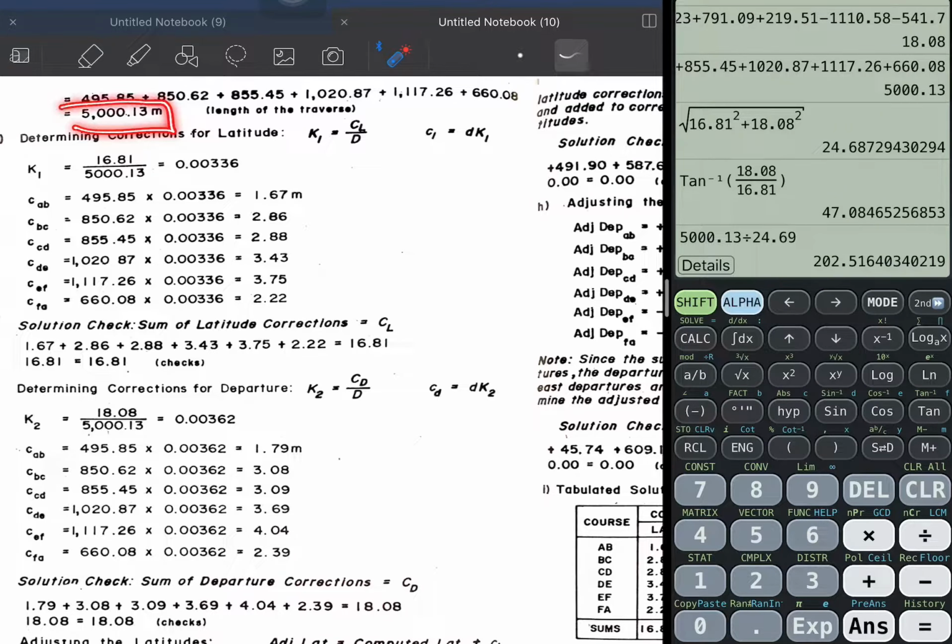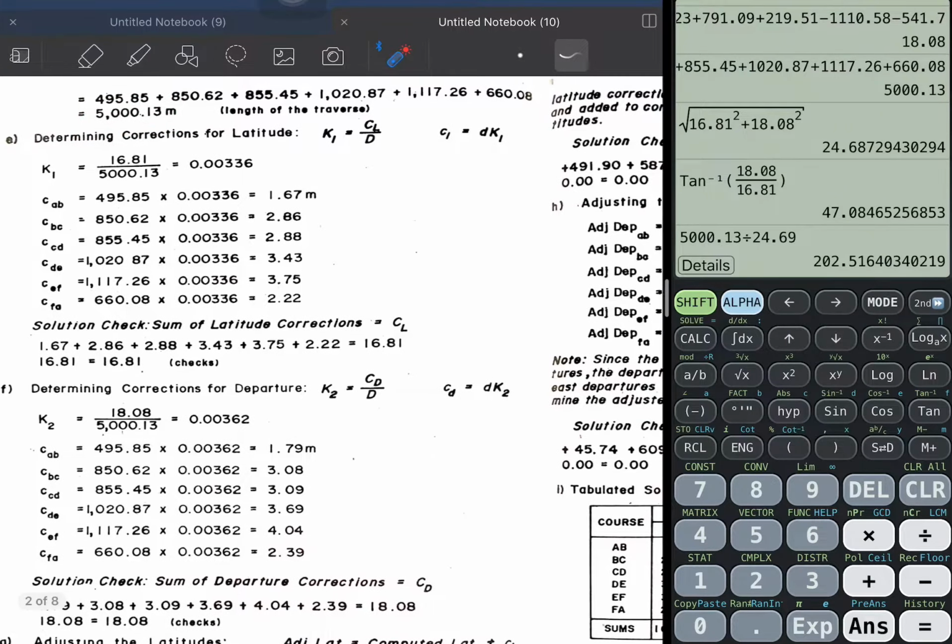5013. Next is to determine the correction for latitude. Normally, I will not use this formula, since if you use this formula, the answer is already rounded off. So I will use the normal formula for this.